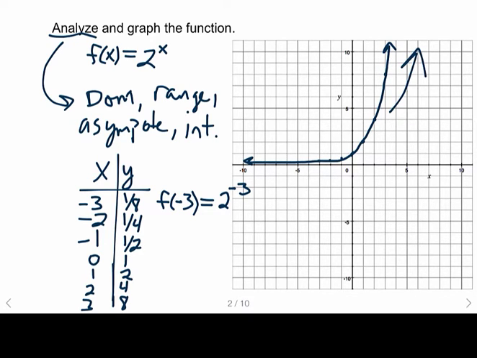That's called exponential growth. And to the left, it's going to hug that x-axis. The deal is that no matter how negative the exponent is, on a positive base, the answer is always going to be positive. And so this is going to hug the x-axis but never touch the x-axis.